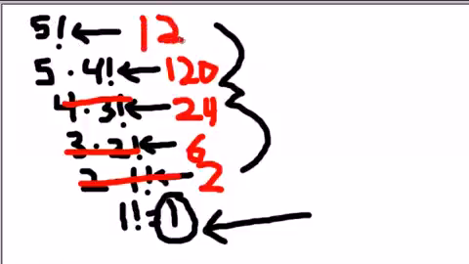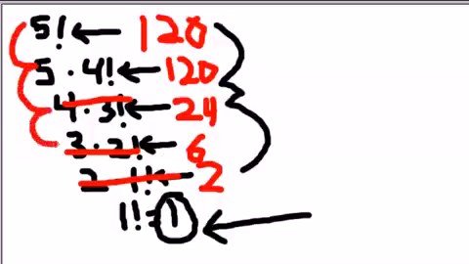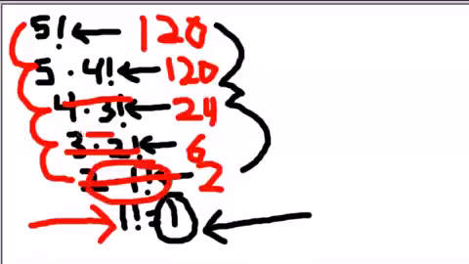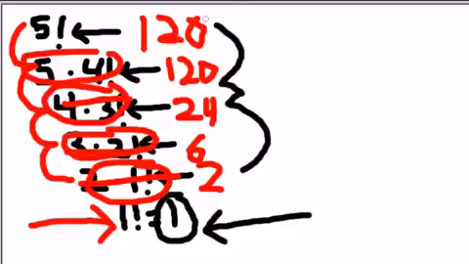Yeah, it's 120. So what it's pretty much doing here is trying to solve itself, but it's storing what it doesn't know in memory, and then when it finally finds a number that it can work with, it tracks back through all of the numbers and steps its way back up until it can finally solve its problem. I know it kind of sounds confusing, but this is the easiest way I can explain it.